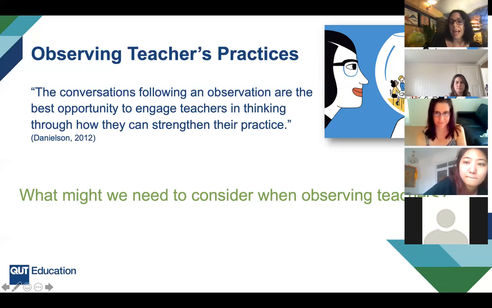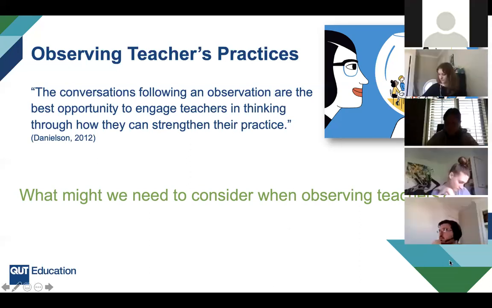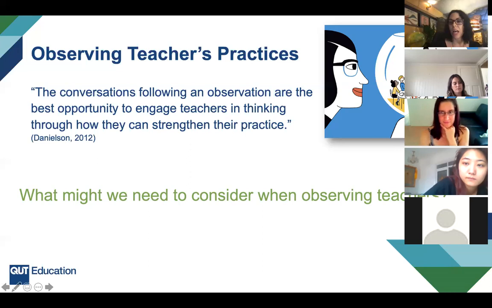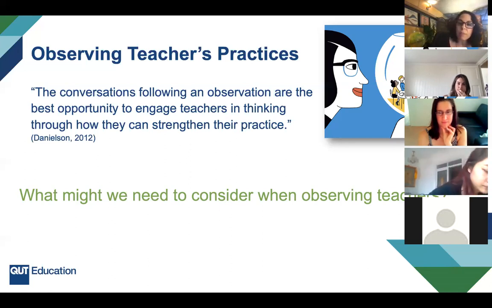Okay, I'm going to start asking particular students because we're not getting the responses that I'd like. Okay, Emma Hilton, what are your thoughts? If you're observing your supervising teacher on placement, what sort of things do you need to consider? What protocols?